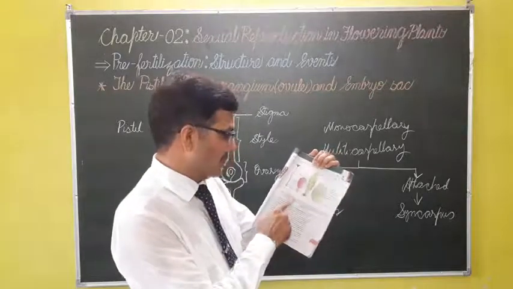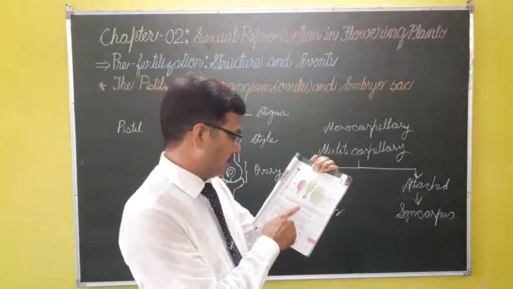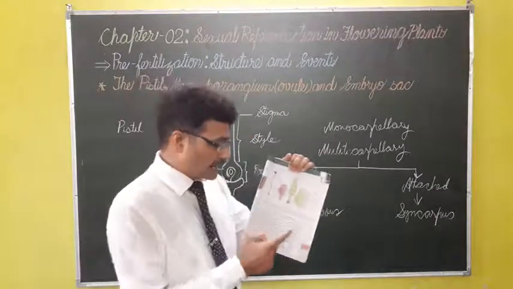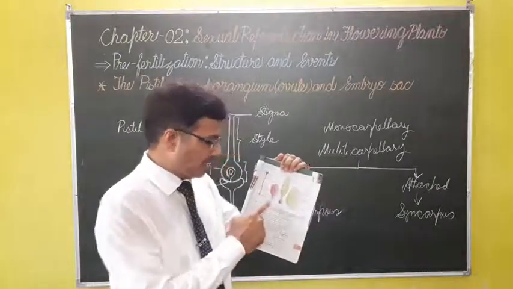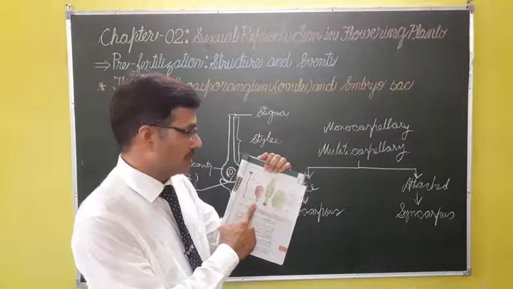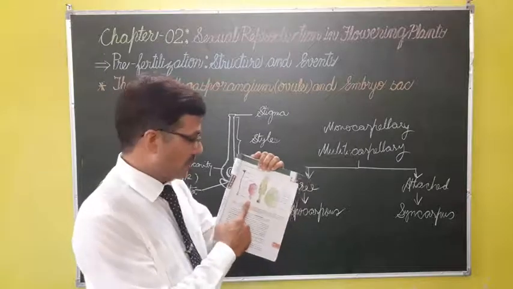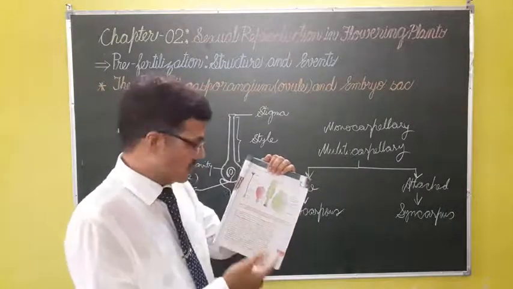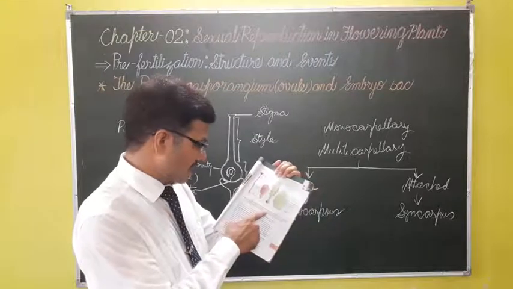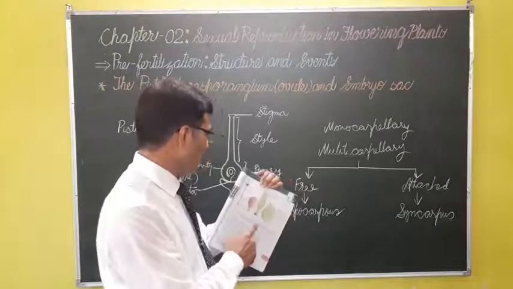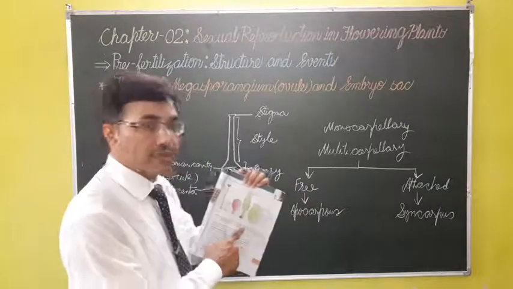Part B is showing the syncarpous pistil. It is the syncarpous gynoecium, where pistils are many but all are attached. And the example given here is Papaver. So in Papaver, the syncarpous condition is found.